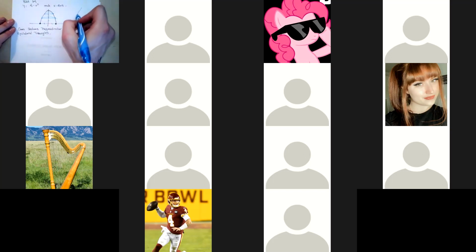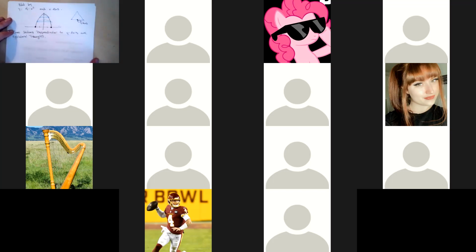So our triangles are going to look like that, where the middle of the triangle right there, so that line going into the page now is the y-axis. And this distance is x. So half of the base is x.